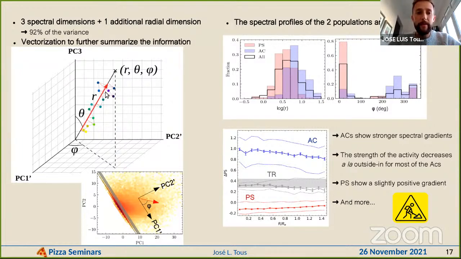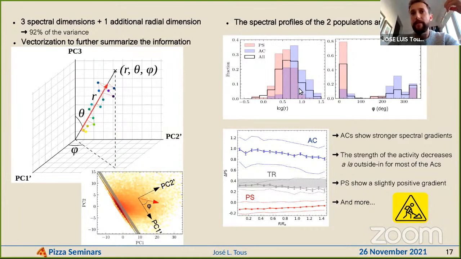However, this is still too complex to look for differences if we do a plot like this for the whole sample. So we fit vectors to these radial profiles, and we used their spherical coordinates to summarize these vectors. Just to give you some examples of the kind of things we're working on, we can look, for example, at the length of these vectors, which is the modulus of these vectors, right? And we are observing actual differences between the two subpopulations here.